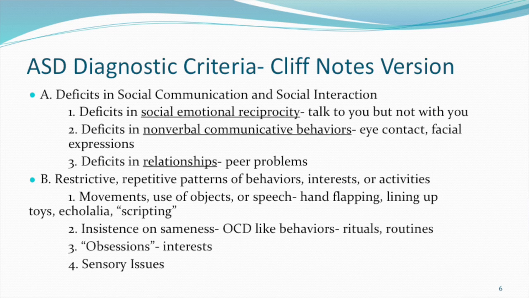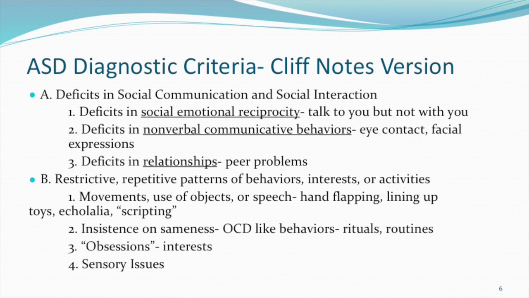Criterion B, restrictive, repetitive patterns of behaviors, interests, or activities. Movements, the use of objects or speech, including hand flapping, lining up toys. Echolalia, which is basically repeating back or parroting back what someone else says.